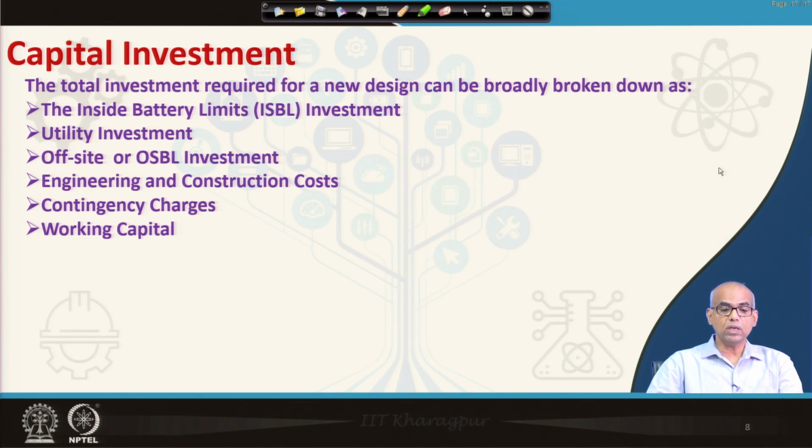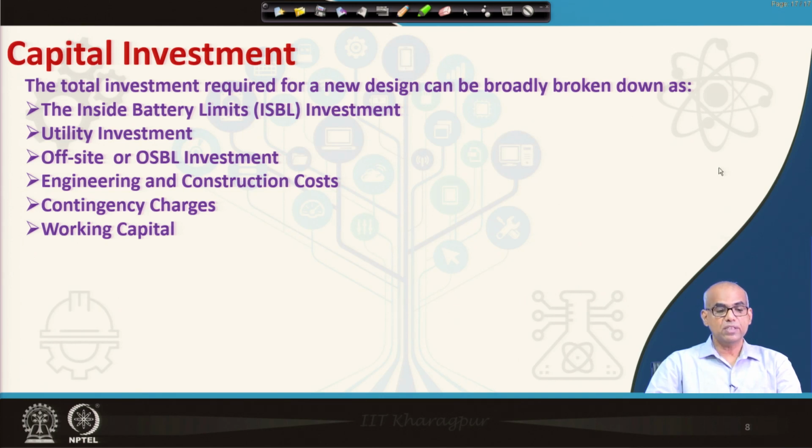Now, the total investment required for a new design can broadly be broken down into the following heads: the inside battery limits investment or ISBL investment, utility investment, offsite or OSBL investment, engineering and construction cost, contingency charges, and working capital.